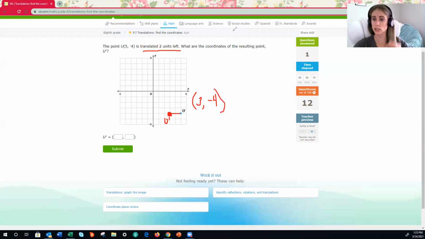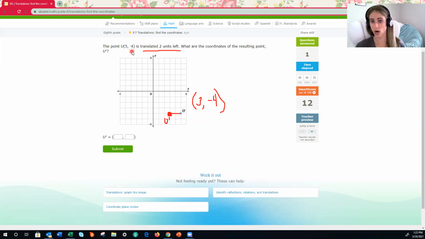Once again, let's look at that relationship and double check our answer. If we're moving 2 units to the left, that left and right is how our X goes. That is why our X value went from a 5 to a 3. 2 units left, 5 minus 2 is 3.